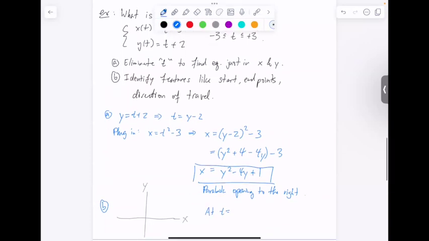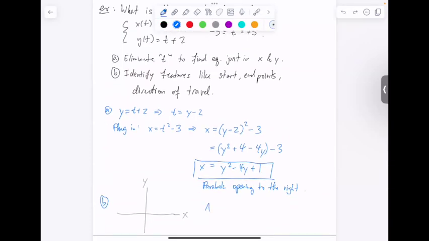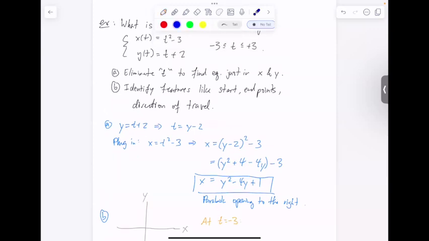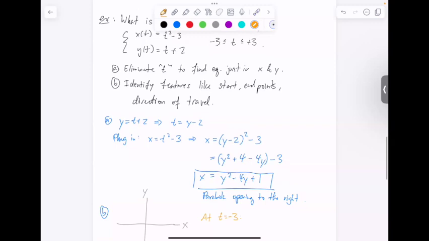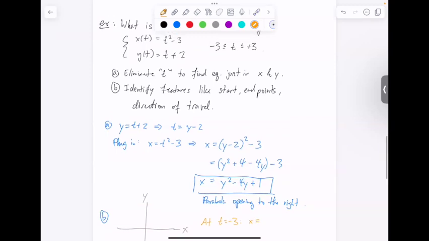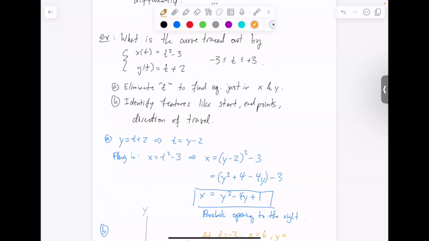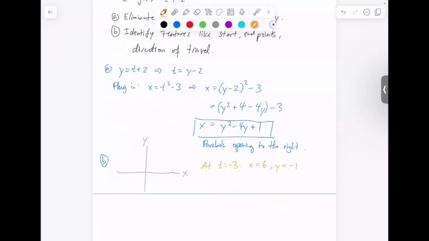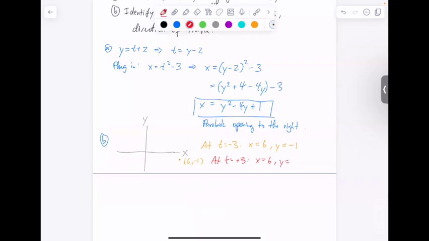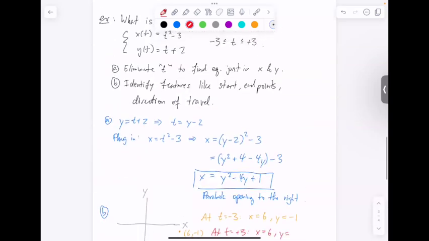At t is equal to, let me do a different color here, at t is equal to minus 3, right? In this parametrization, you start at minus 3. At t equals minus 3, you have x is equal to 6, and y is equal to minus 1. So this is 6 and minus 1, and then at t is equal to plus 3, you're at x is equal to 6, y is equal to 5, right?